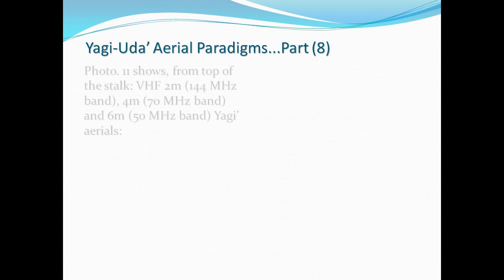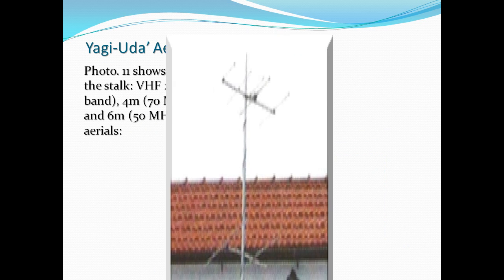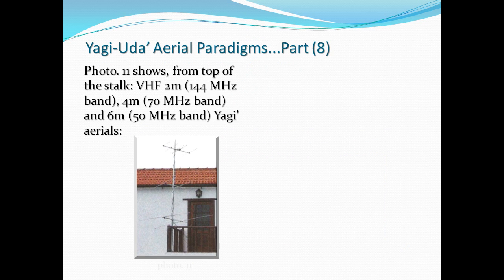Yagi-Uda aerial paradigms, Part 8. Photo 11 shows, from the top of the stalk, a VHF 2 meter followed by a VHF 4 meter, then a VHF 6 meter Yagi aerial.